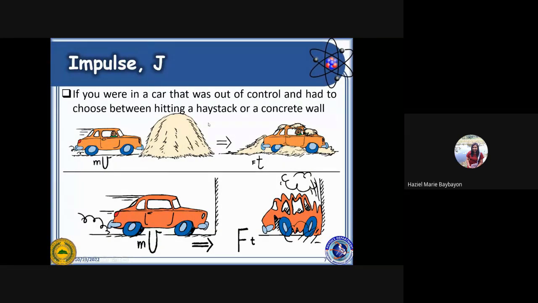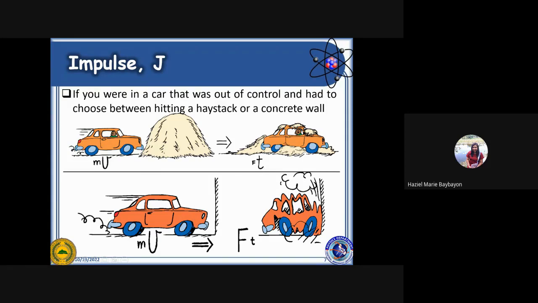Now, the haystack will give us a smaller impact compared to a concrete wall. The same with the punch of Manny Pacquiao, whether you meet it head-on or you ride the punch. So what changes actually, class, is the time of contact.